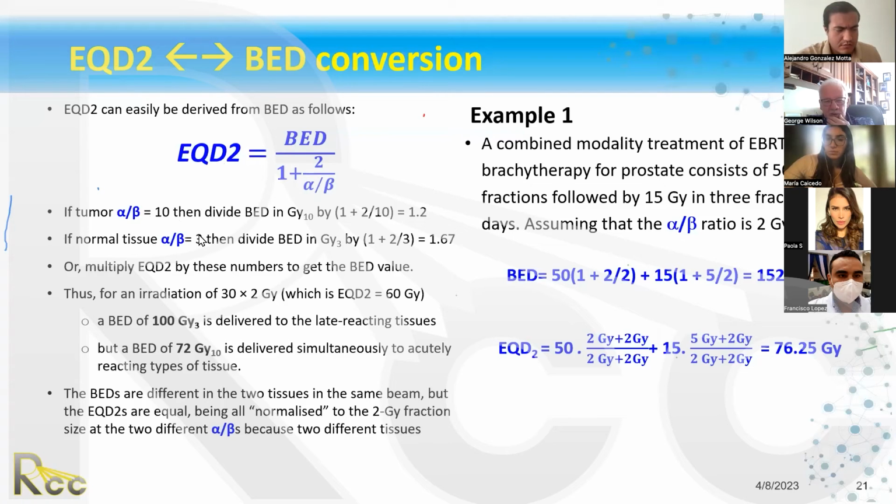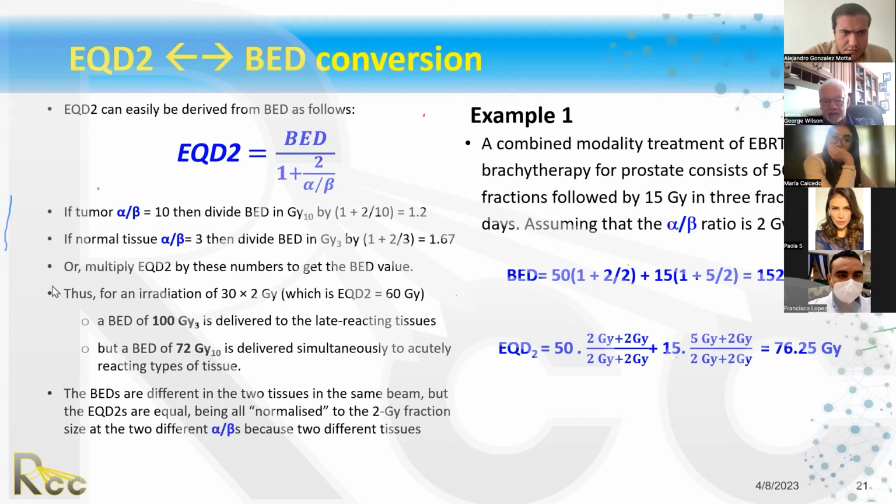For a late responding normal tissue, where the alpha beta may be 3, we would divide the BED by 1 plus 2 divided by the alpha beta of 3. That gives you a factor of 1.67. So for a late responding normal tissue, if you divide the BED by 1.67, you will get the equivalent dose in 2 gray. That's just a simple way of converting one to another.